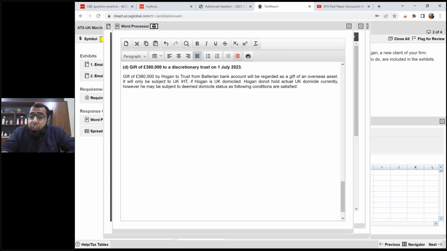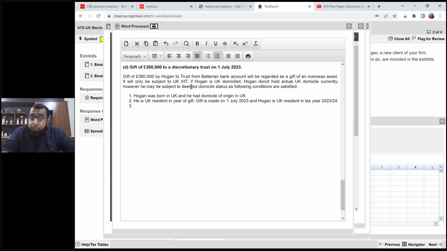Now, what are those conditions? Number one, Hogan was born in UK and he had domicile of origin in UK. He is UK resident in year of gift. Gift is made on 1st July 2023 and Hogan is UK resident in tax year 2023/24.